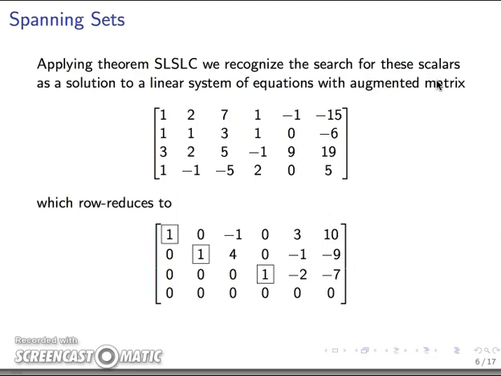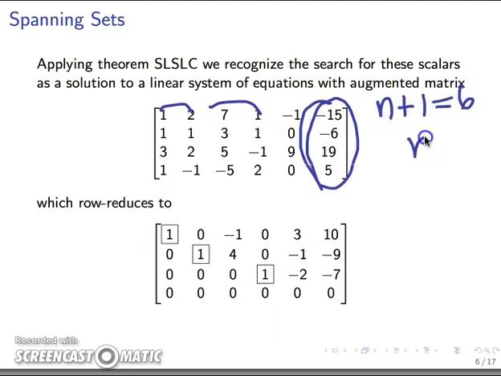In the last column of this matrix we are storing that candidate. This augmented matrix has 6 columns, so n plus 1 equals 6, which tells us that n equals 5. N is the number of scalars in this case.